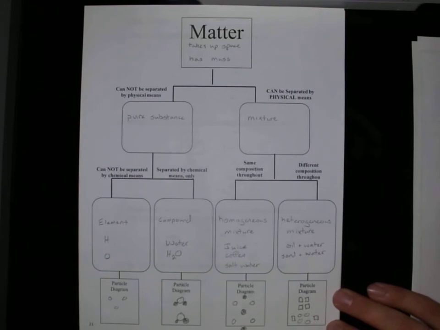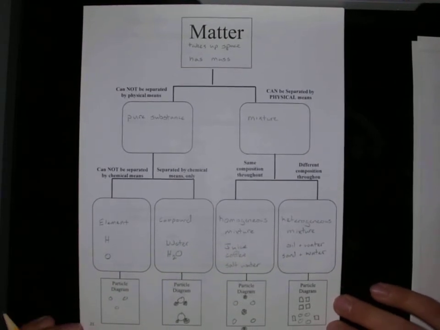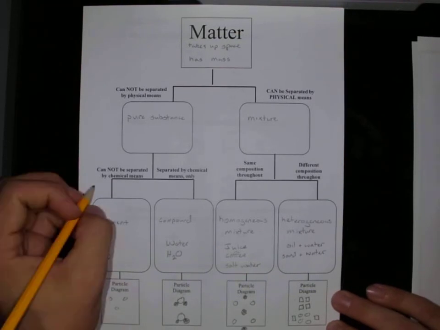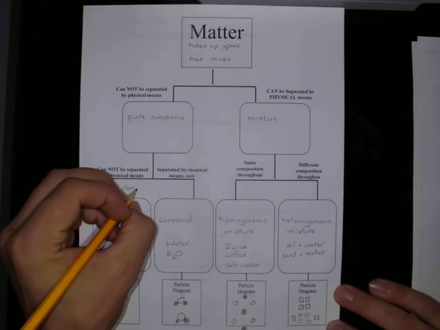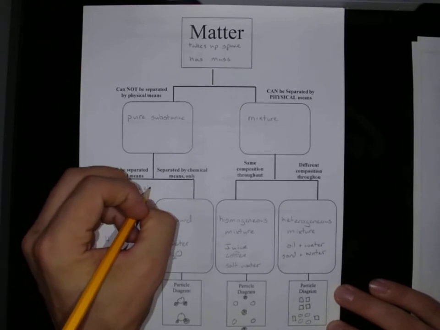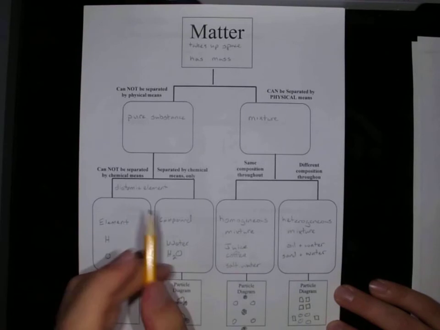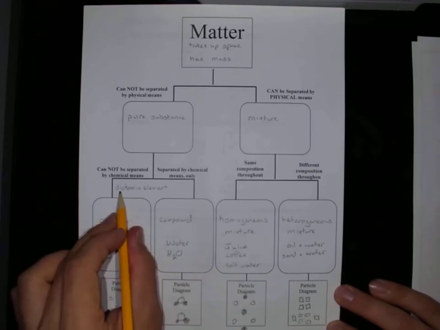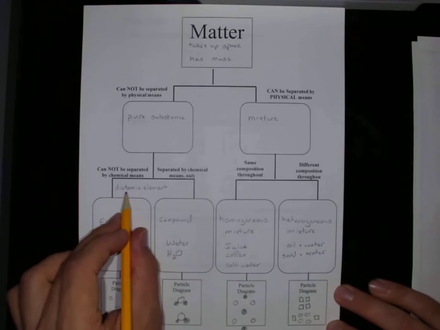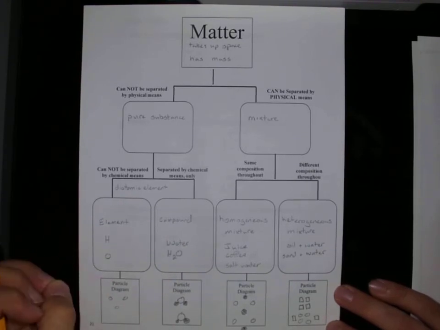But there's a special piece with this. There are elements that are diatomic elements. So a diatomic element, I'm going to write it up here. A diatomic element has two atoms. Di means two atoms. But those atoms are the same type.